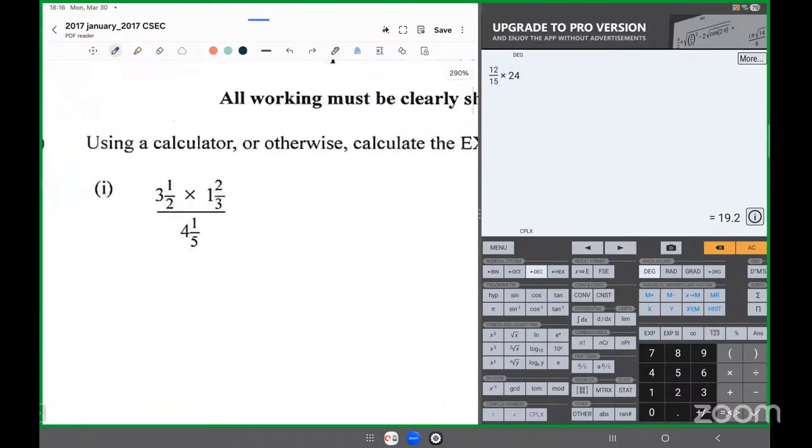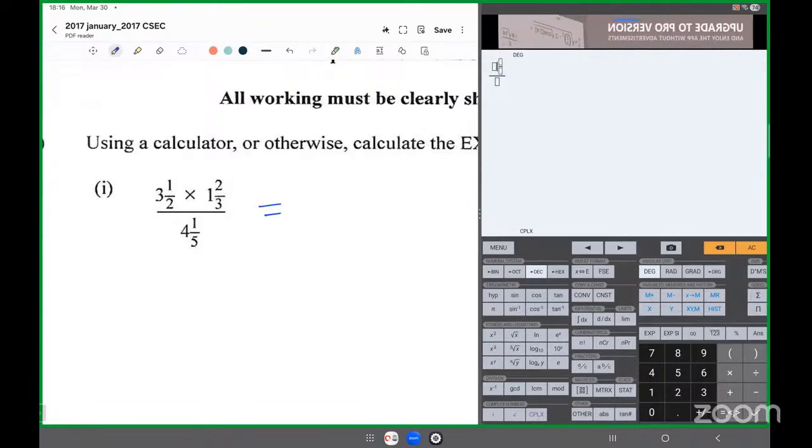The question says use a calculator, work this out. Just put it in the calculator, please, exactly as it appears there. So the fraction, on top there's a mixed number first, which is 3.5. Then we are multiplying that by another mixed number.